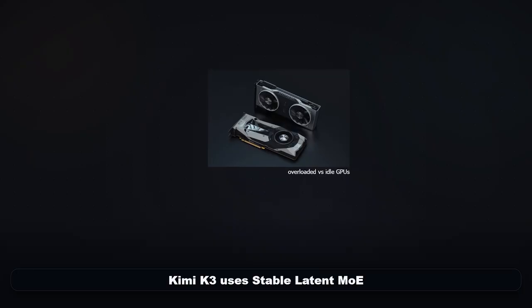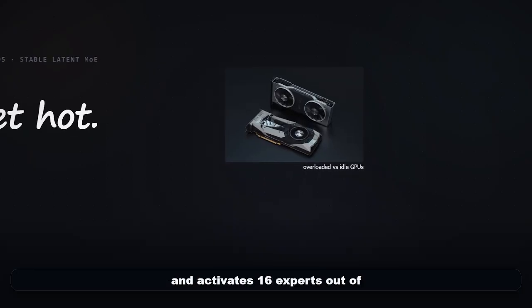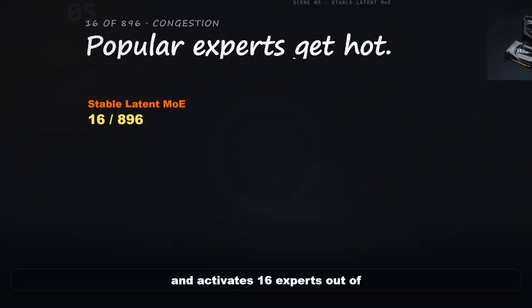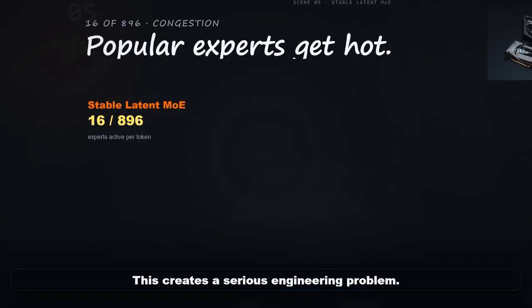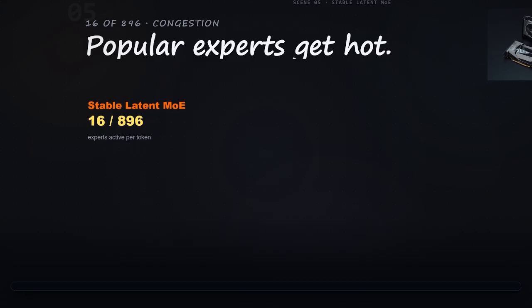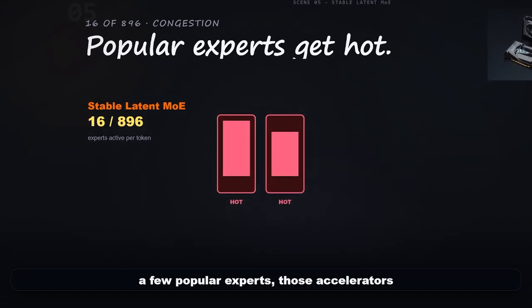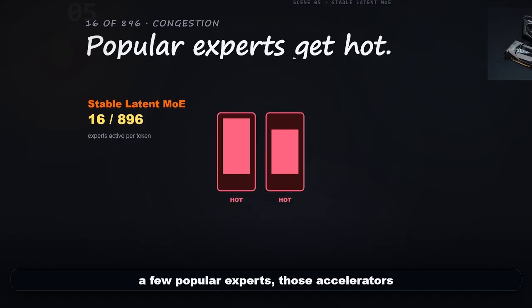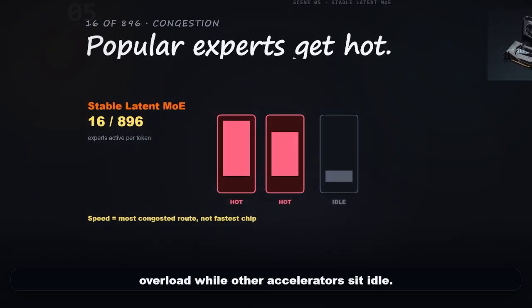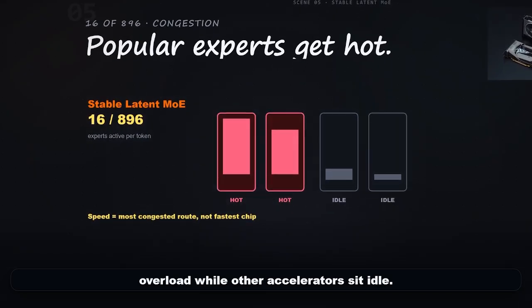Kimi K3 uses a system called Stable LatentMoE and activates 16 experts out of 896 for each token. This creates a serious engineering problem. If the router sends too many tokens to a few popular experts, the accelerators holding those experts become overloaded while other accelerators sit idle.